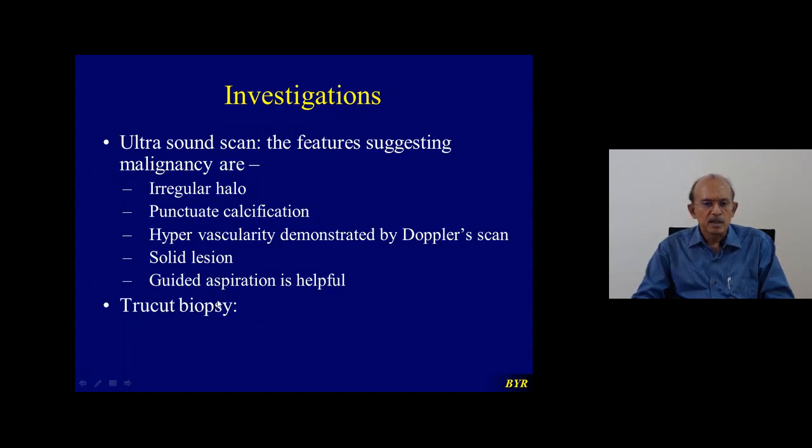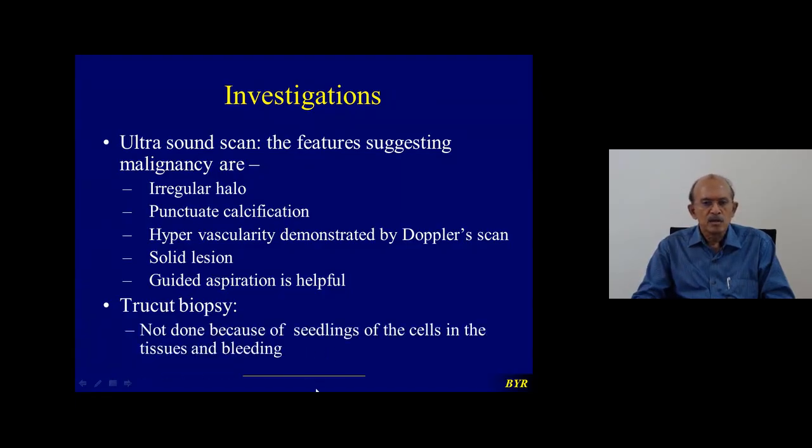Tru-cut biopsy. Tru-cut biopsy means with a special needle, you cut part of the tissue from the thyroid and remove it for biopsy. This needle is called the Tru-cut needle. This is done for other tumors like breast masses, but it is not done for thyroid because of seeding of cells in the tissues and profuse bleeding, which may cause a lot of bleeding.